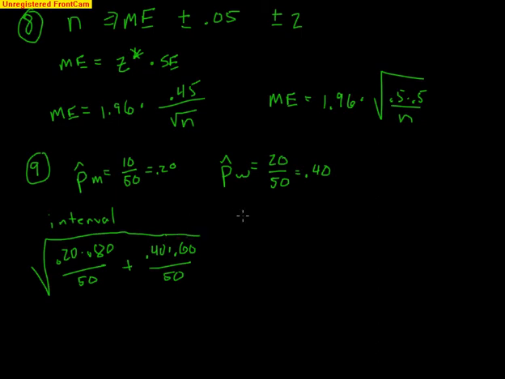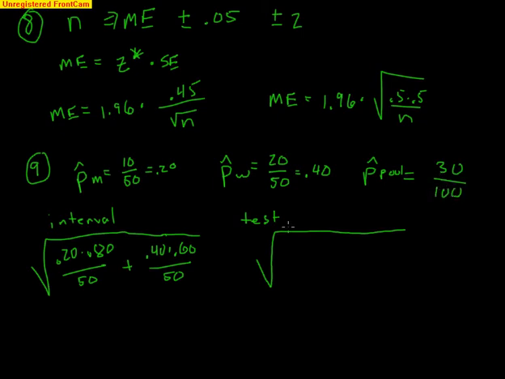But if you're going to run a test, you need to pool. So we're going to do a giant square root as well, but we have to find p hat pooled real quick here. That's going to be equal to the 30 total people that wear their seatbelts out of the 100 total people.